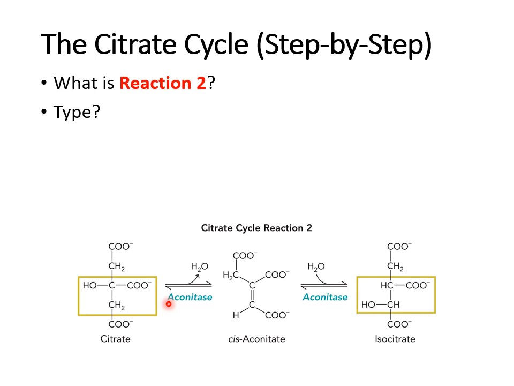And what that means is you'll see a conversion or a shuffling of the organization of the atoms in the molecule, but you are not losing or gaining any of the number of those particular atoms. So you see how things get moved around. So this hydroxyl group gets shifted down to here, but you're not actually changing the number of carbons, of hydrogens, or of oxygens in that reaction.